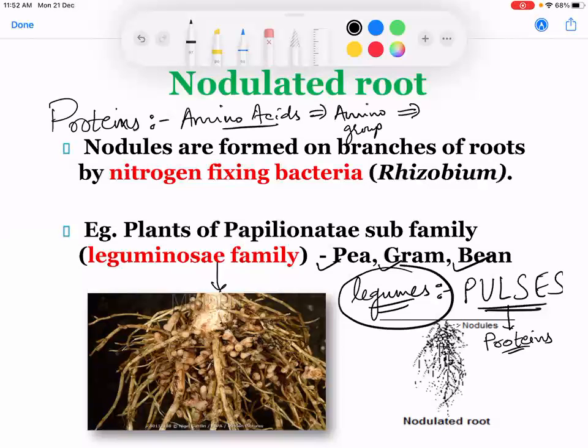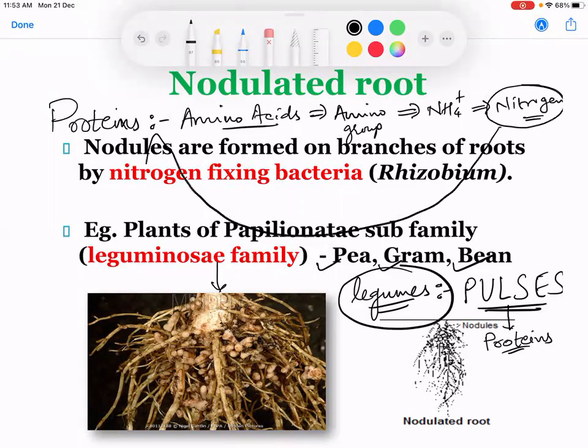The amino group, NH4, contains nitrogen in its formation. So they require nitrogen in large quantity if they want to produce a huge quantity of protein. To absorb nitrogen, they take the help of microorganisms.